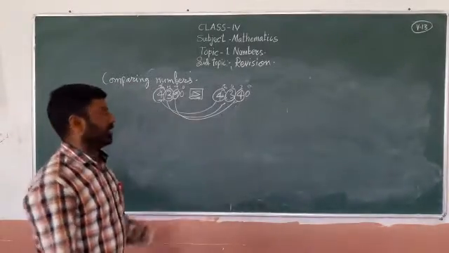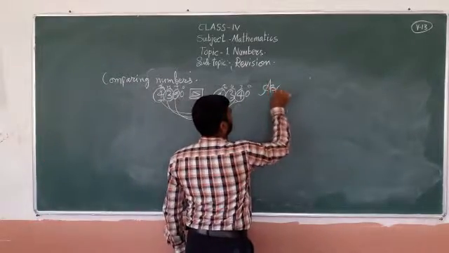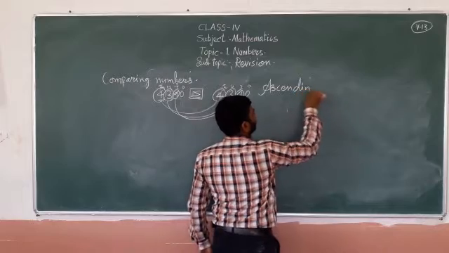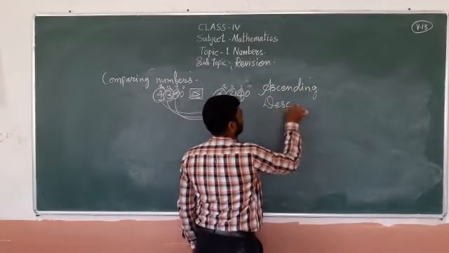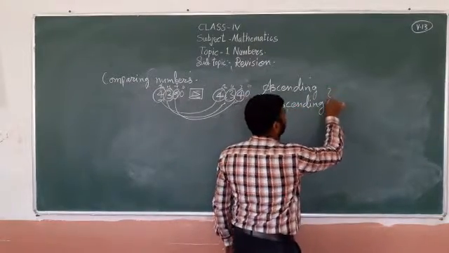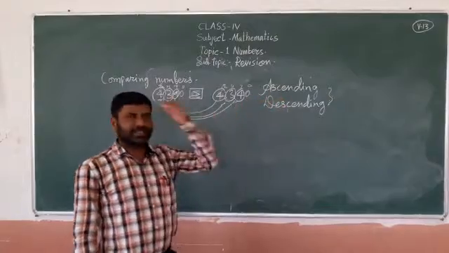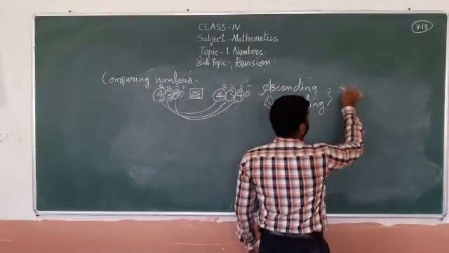Then ascending and descending order. You know very well. Ascending order means smaller to bigger, smaller to larger.